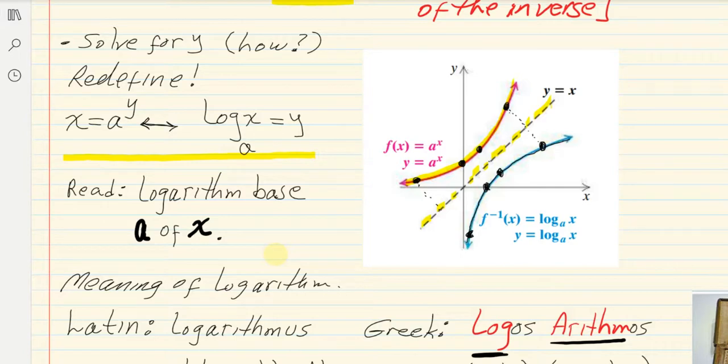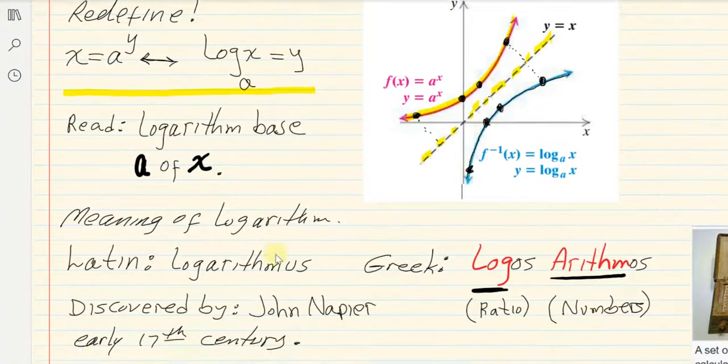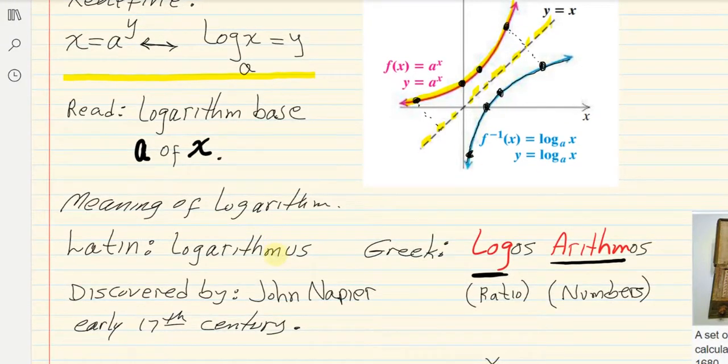The Greek of the same thing, it's actually made up of two words, logos and arithmos. When you do a juxtaposition of log, L-O-G, and the A-R-I-T-H-M portion of arithmos, that makes it logarithm. When you juxtapose those two together, you get logarithm.